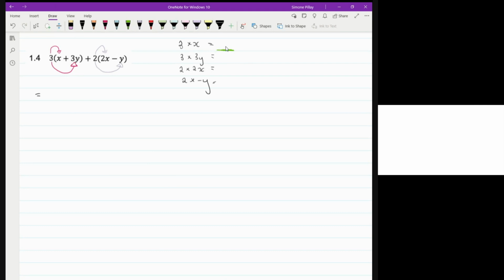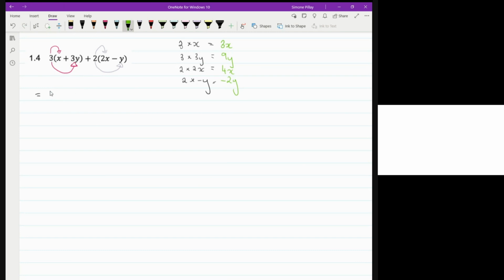So 3x times x is 3x, and then 3 times 3y is 9y, and then we're going to have 4x. Is this one going to be negative 2y? That is correct.